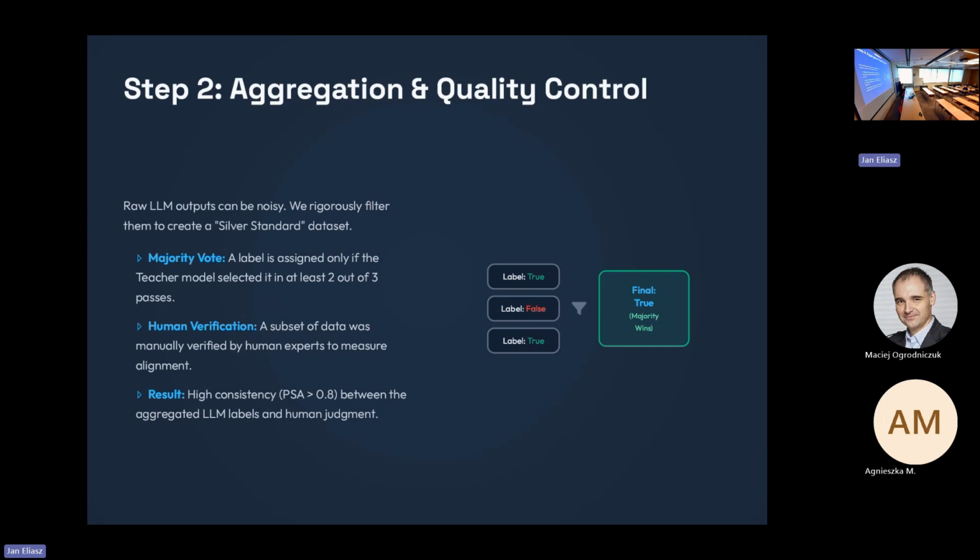On a subsample of 200 texts, we do the human validation check, and the positive specific agreement was above 0.8, and also Cohen's kappa was about 0.8, something like that. So this was very high.